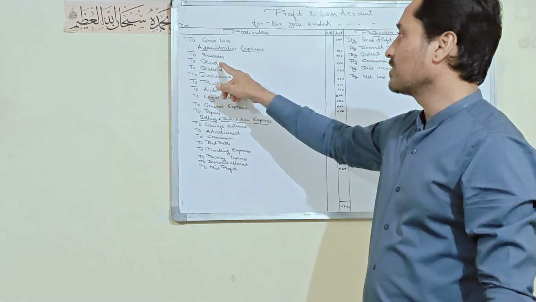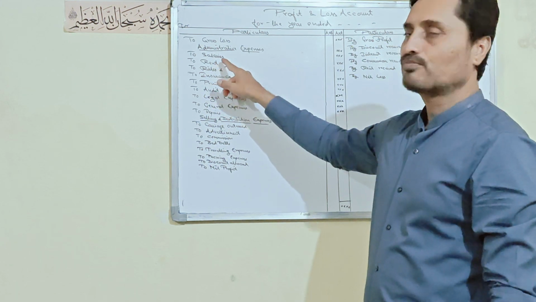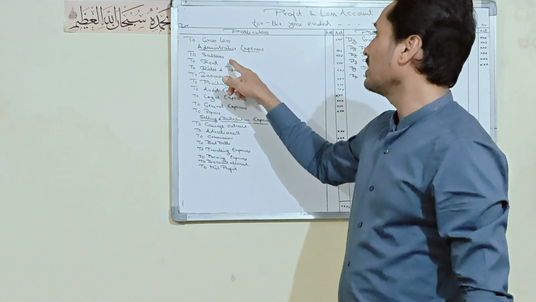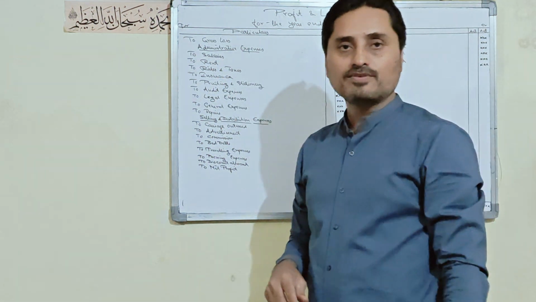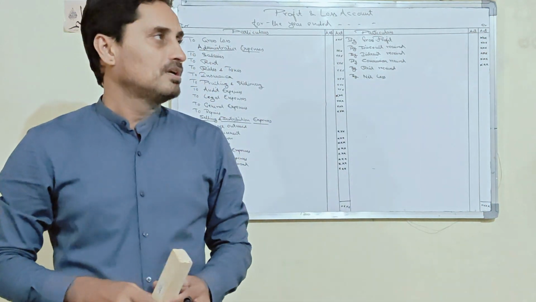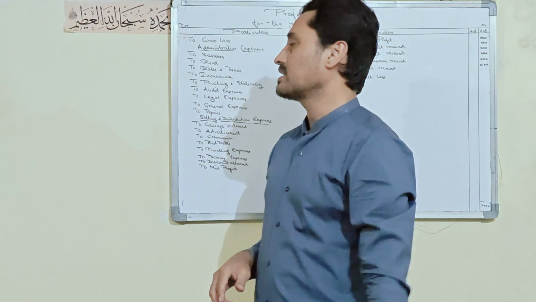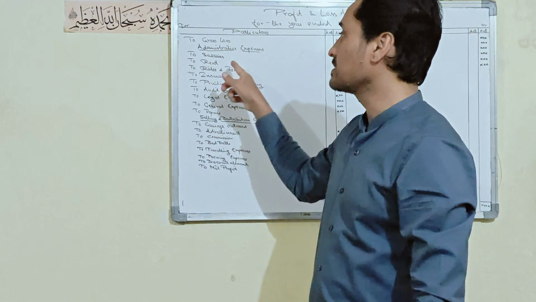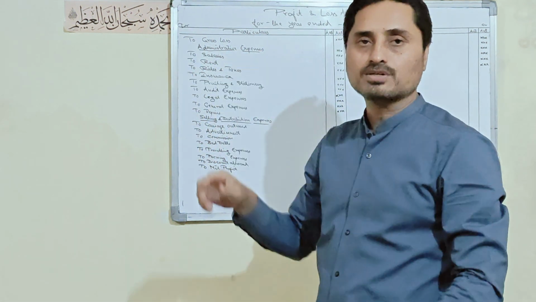Next item which will appear on debit side of profit and loss account is office rent. If there is a factory rent, that factory rent will appear in trading account, because all factory related expenses appear in trading account and all office related expenses appear in profit and loss account.